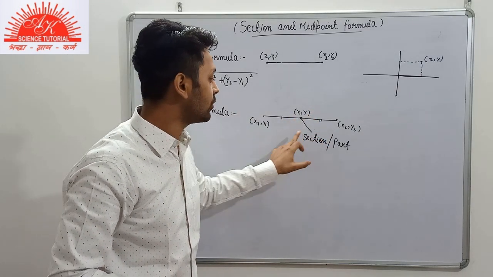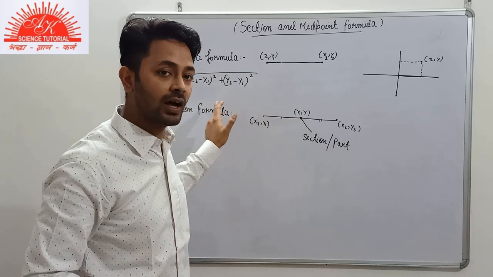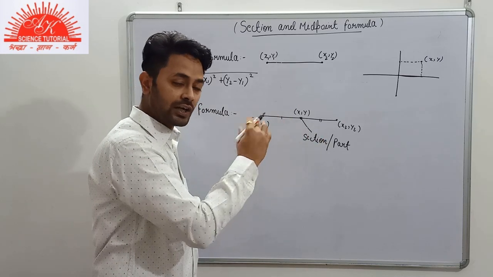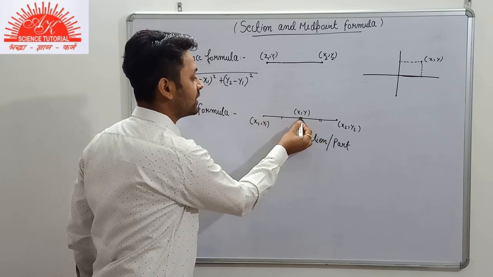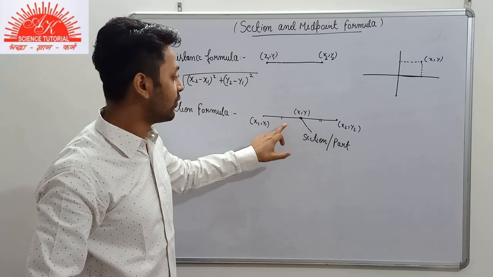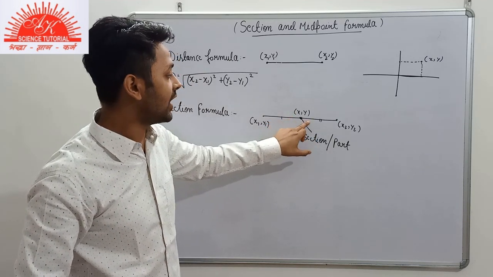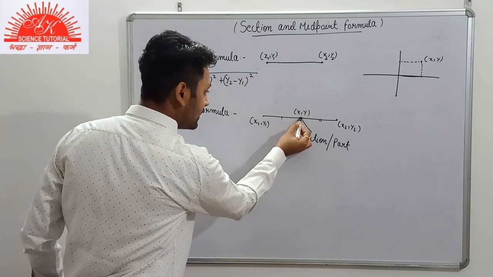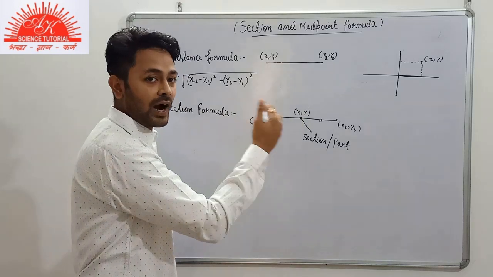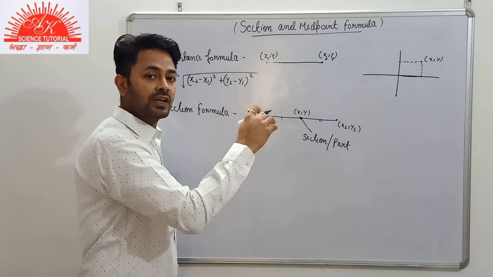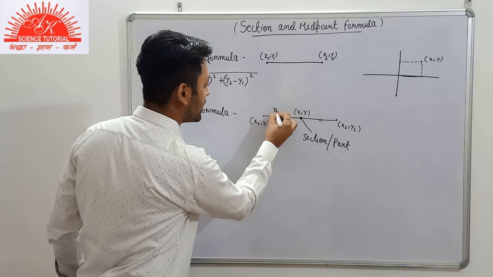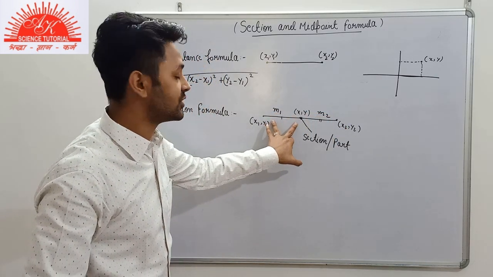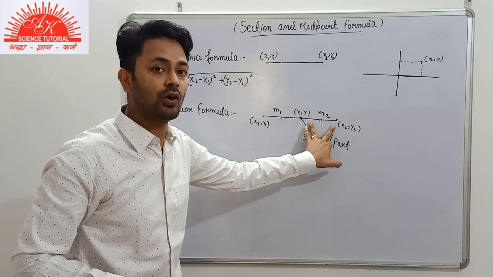What is the section formula doing here? When a point lies on a line segment and distributes it into two parts, not equal parts, we use the section formula to find the coordinates of that point. If the line is distributed into two parts, it must have been distributed in some ratio. We will take it as m1 and m2. Suppose this part is in the ratio m1 and this part is in the ratio m2.